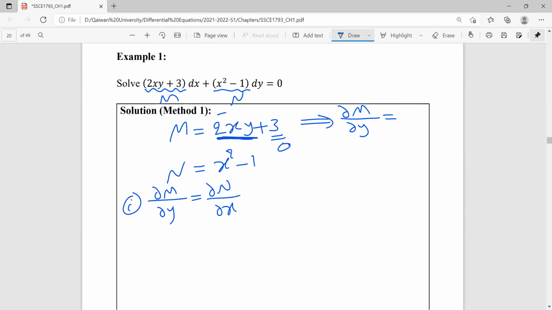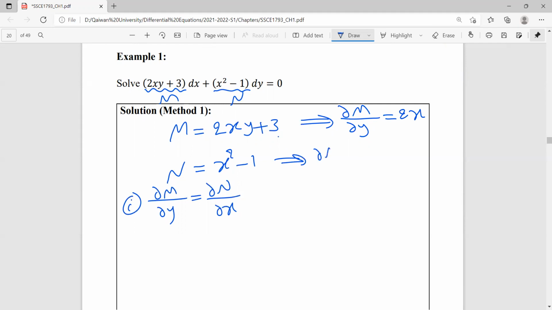This is a constant, it's the coefficient. So the derivative of y is 1. That means we get 2x. We get 2x here.